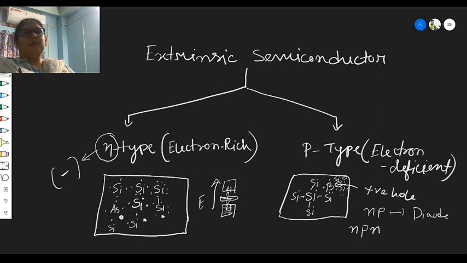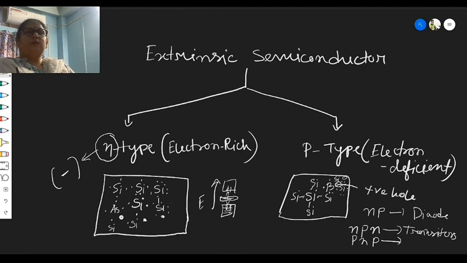And sometimes it is a combination of 3, say NPN, that means N-type, P-type, N-type. This junction of 3 semiconductors is generally used in transistors. And another one is PNP-type.